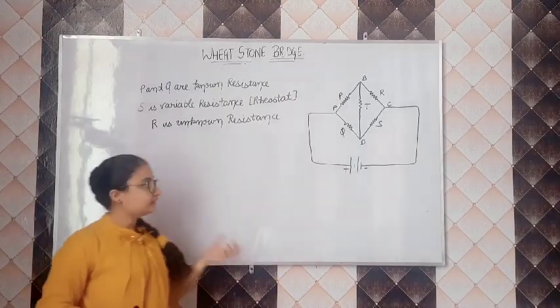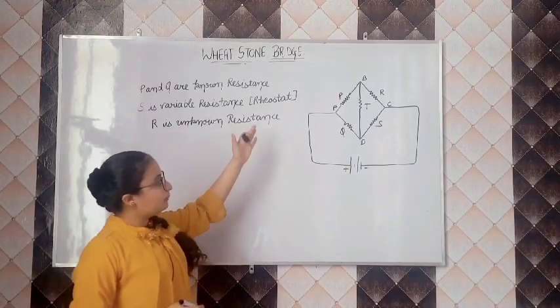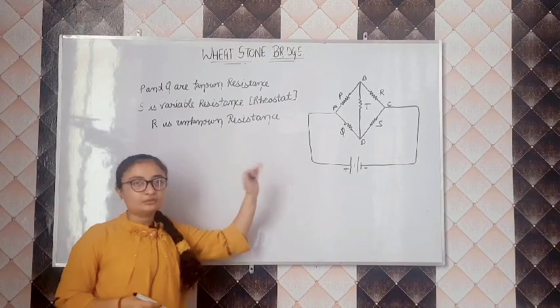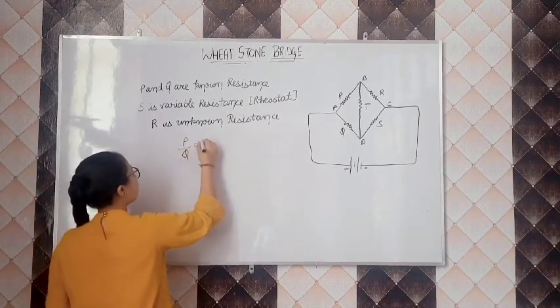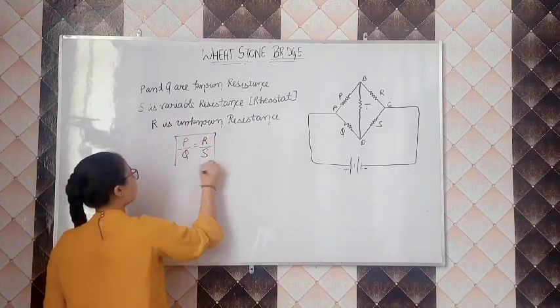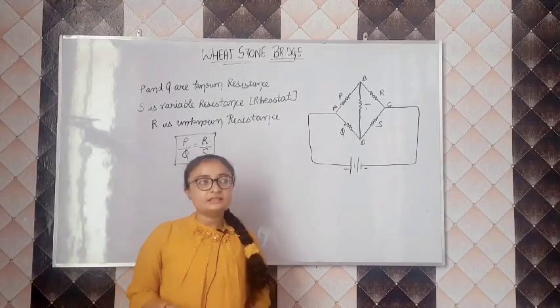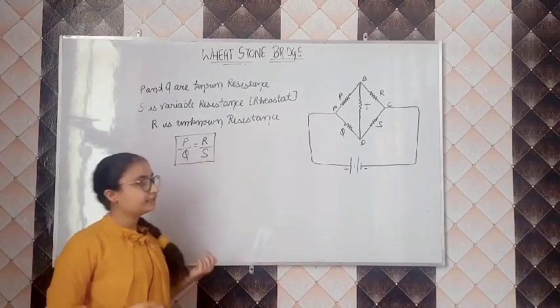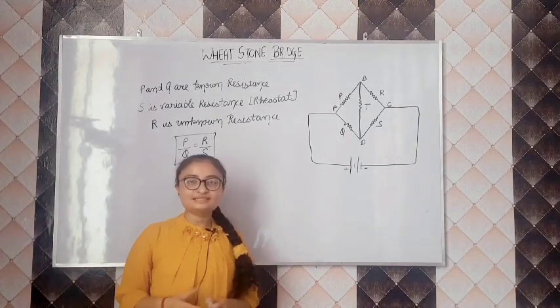From this we conclude that P upon Q is equal to R upon S. Now the question arises: how do we conclude that? So, let's prove it.